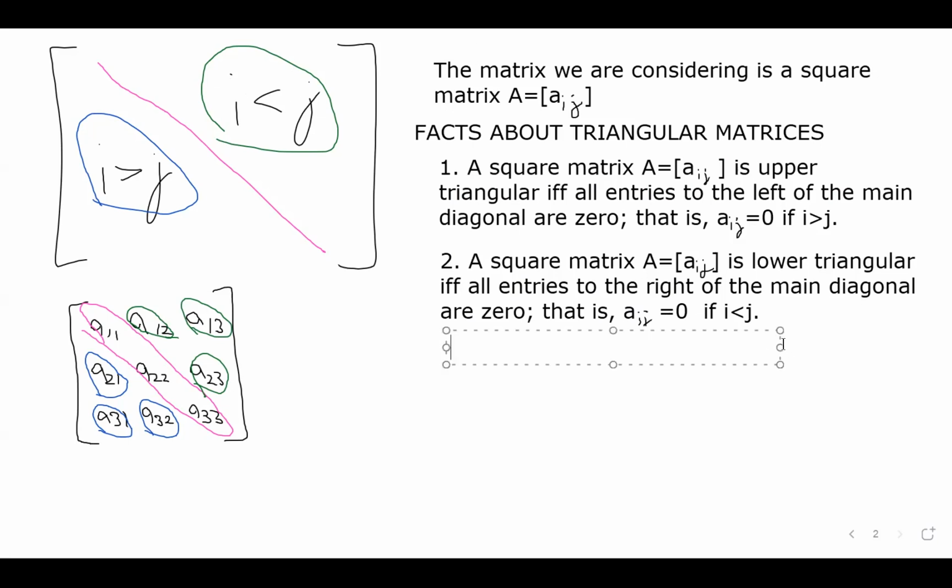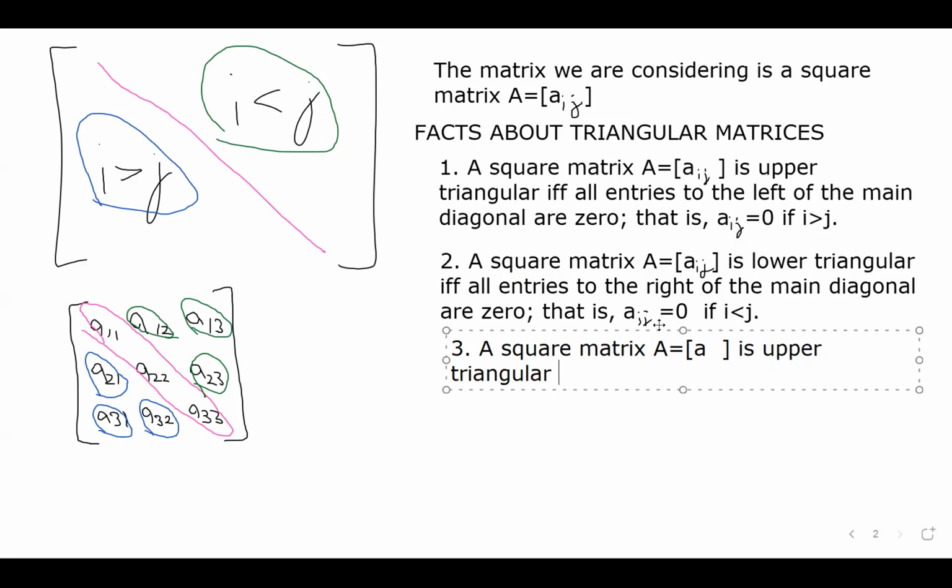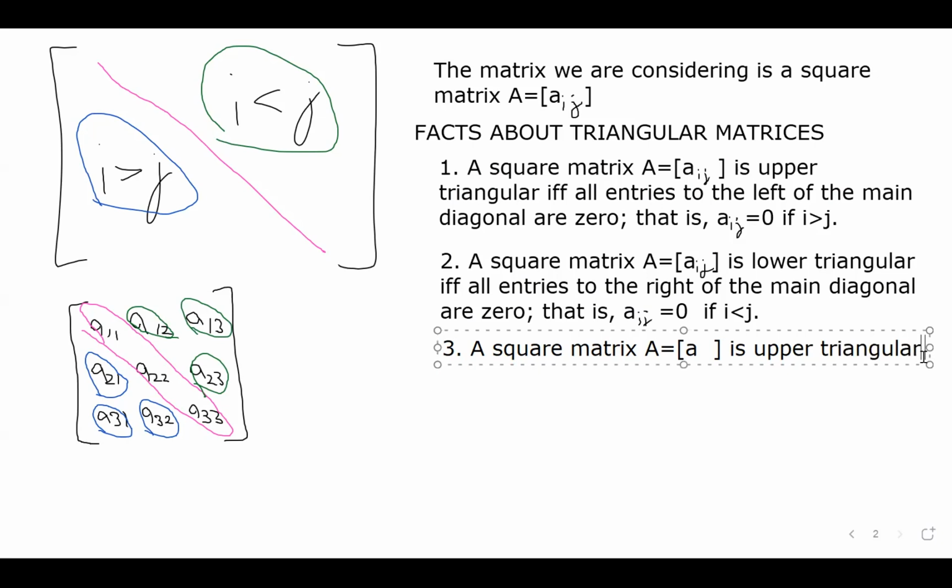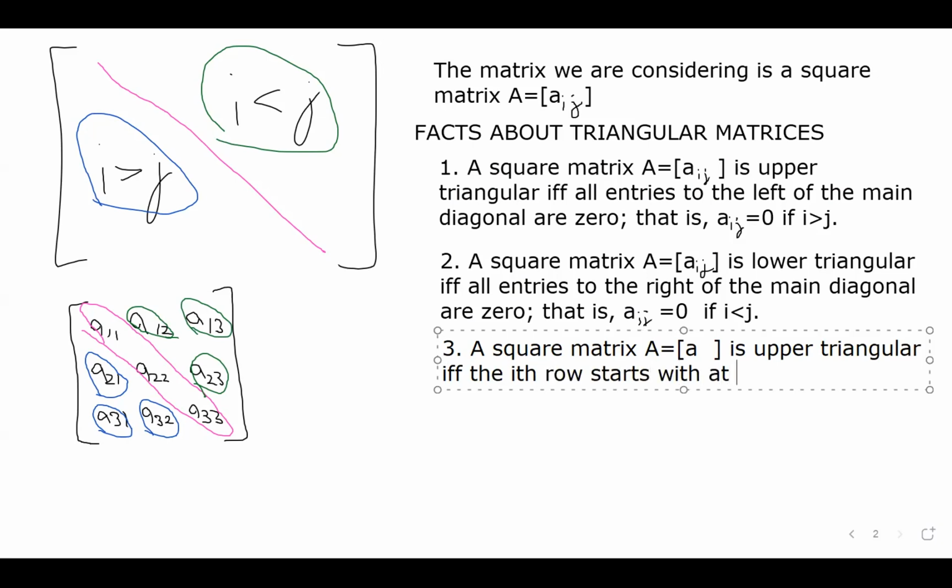So the third fact, number 3: a square matrix, capital A equals a sub ij, is upper triangular if and only if the ith row starts with at least i minus 1 zeros for every i.